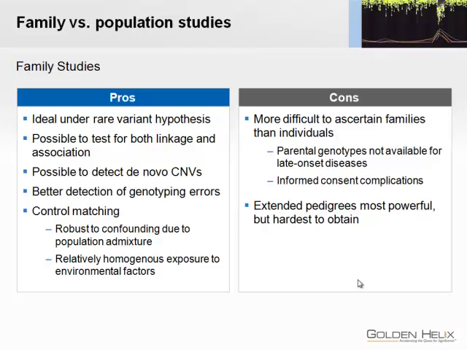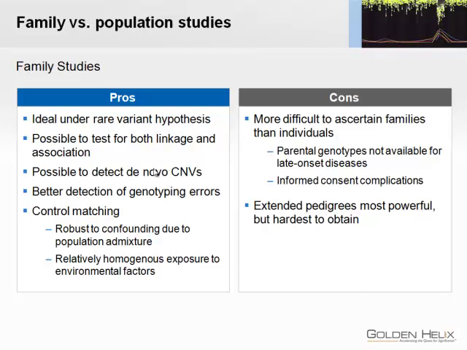If you've got a large pedigree and a rare condition, you can potentially track it through the entire pedigree. And the nice thing is you can also figure out if there are de novo copy number changes, where the two parents do not have the copy number change, but the offspring might. In autism, it's apparently something like 7% of the cases that look like they have de novo copy number variants.